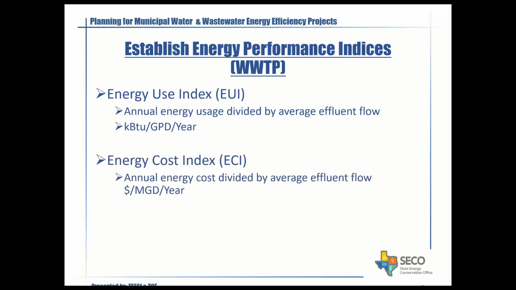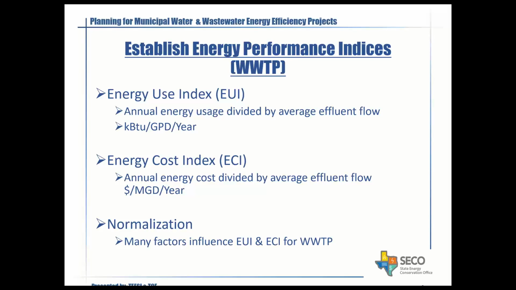And the Energy Cost Index is the annual energy cost divided by average effluent flow, which is dollars per MGD per year, basically. So typically, these are the two indices that will be developed if you are in water wastewater. If you have facilities included in the PEA also, it will develop similar indices for the facilities.